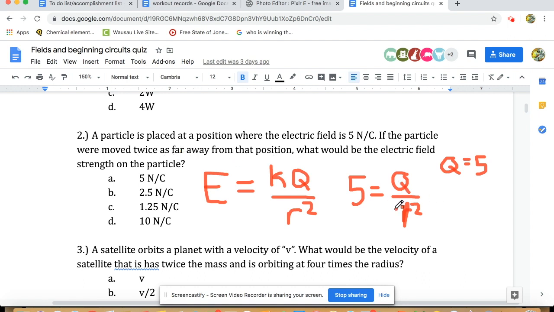We're going to double it to 2. So then Q still equals 5, so we have 5 divided by 2 squared. Well, 5 divided by 2 squared is not 5 anymore. It's 1.25. It's 5 over 4.